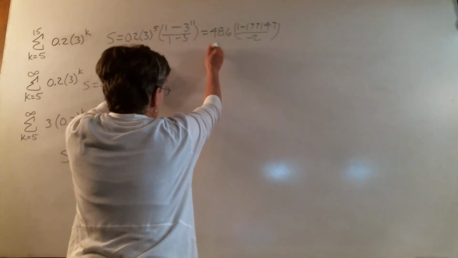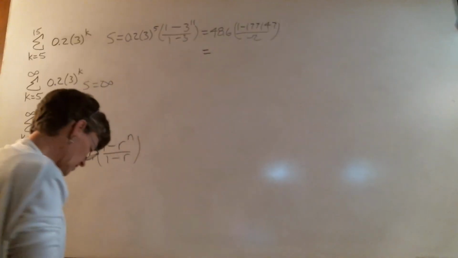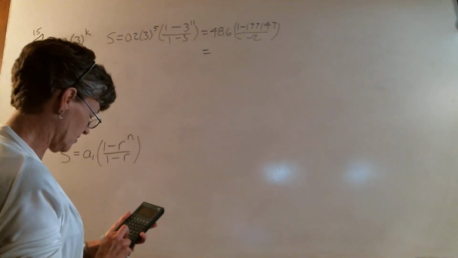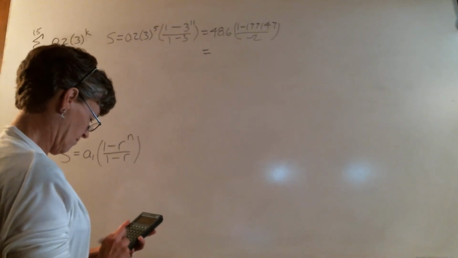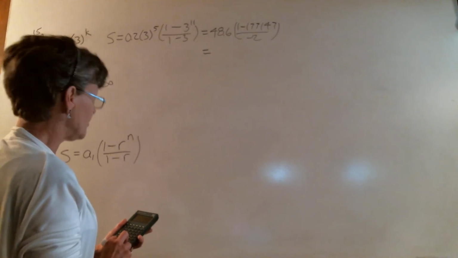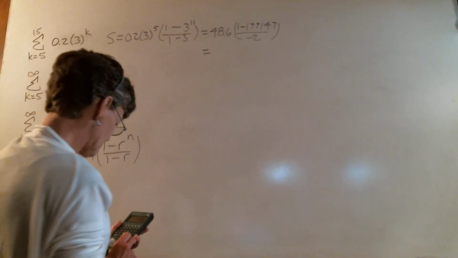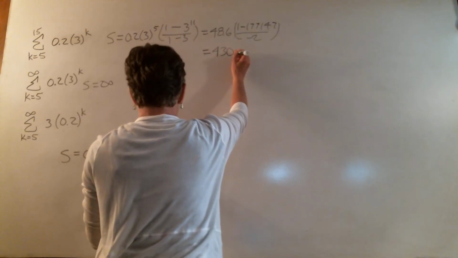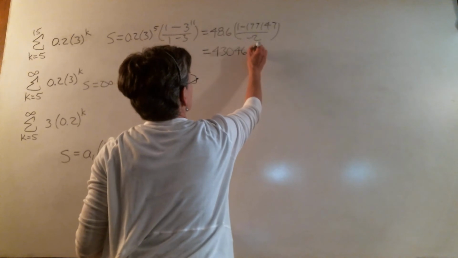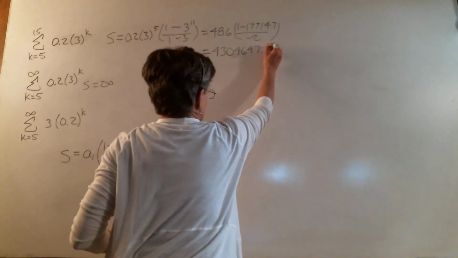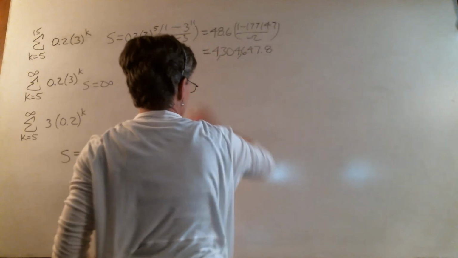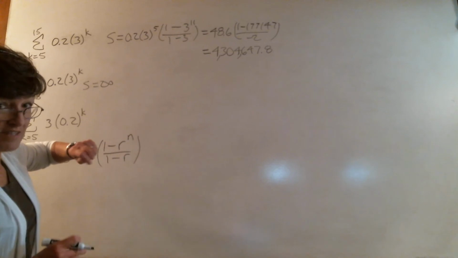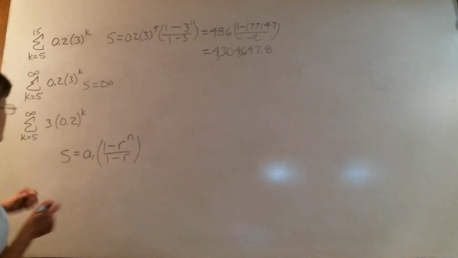So when you get your final sum here, 48.6, and then times 177,147, and then divided by 2, we get 4,304,647.8. The numbers are increasing in size, and so the sum gets to be pretty large for just 10 terms.